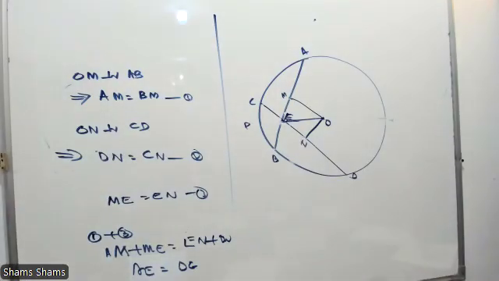Listen, OM is perpendicular to AB, which implies AM equals BM. Clear? Number one: a perpendicular from the center bisects the chord.